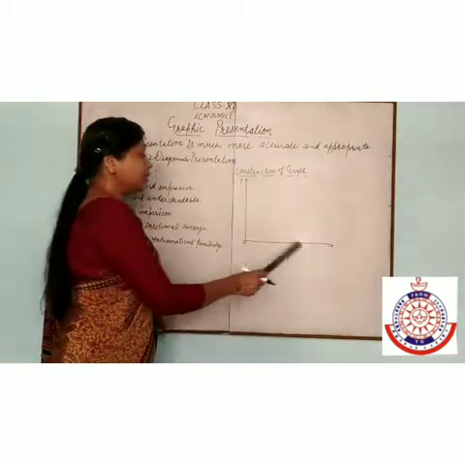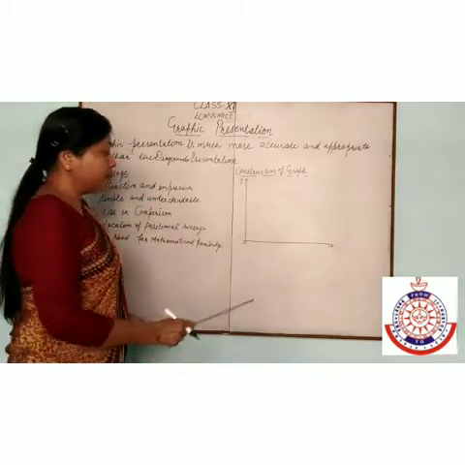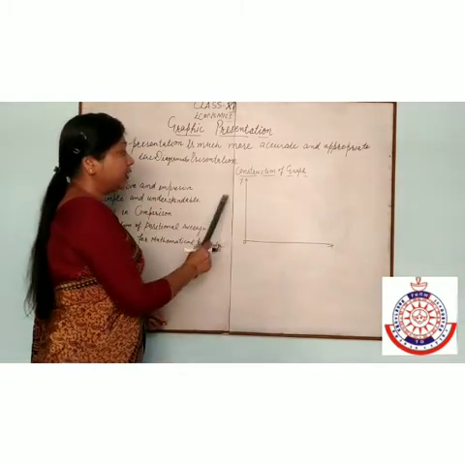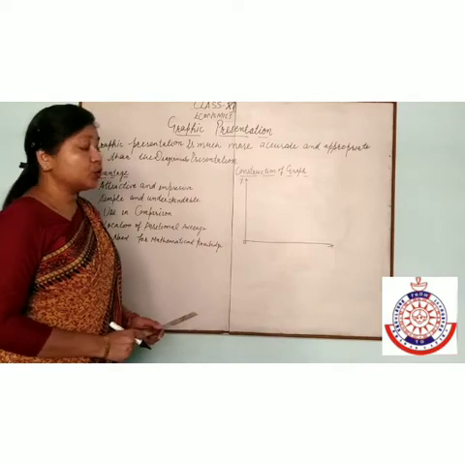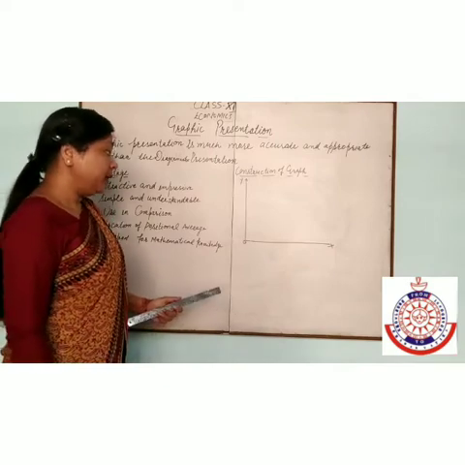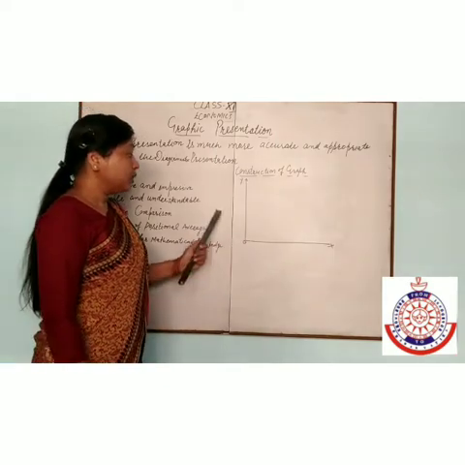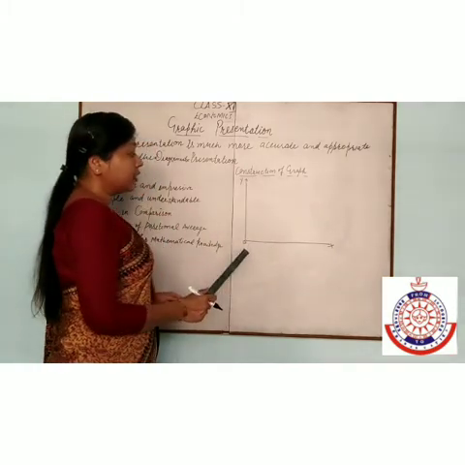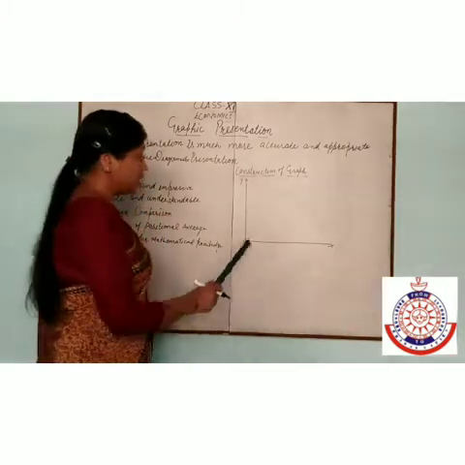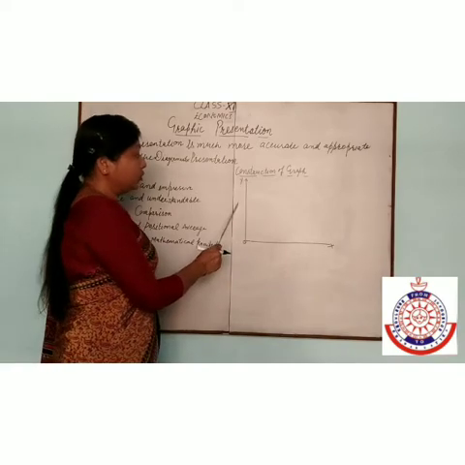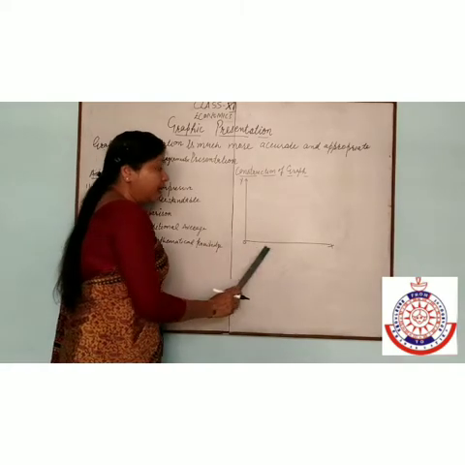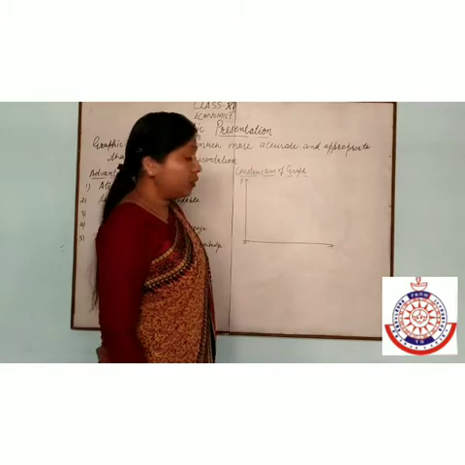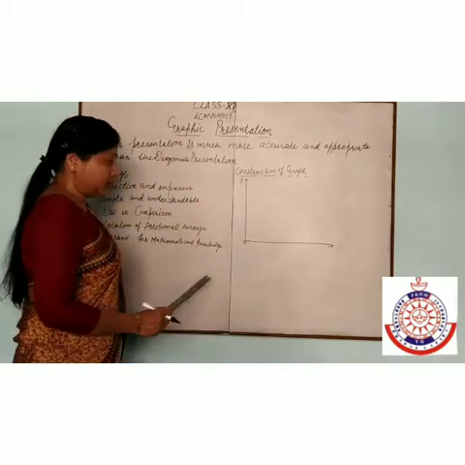Now, on the OX axis, we will take the independent variable, and on the Y axis, we will take the dependent variable. Suppose in price and quantity, quantity depends on the price. So, price we will take on the OY axis, and quantity we will take on the OX axis.